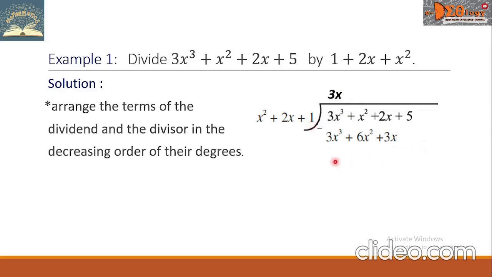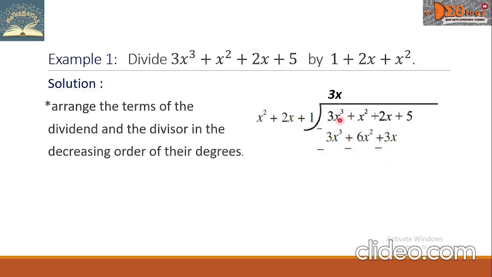Then we subtract. When we subtract, we need to change the sign of the terms of the subtrahend, meaning positive becomes negative, positive becomes negative, positive becomes negative. Then we add.